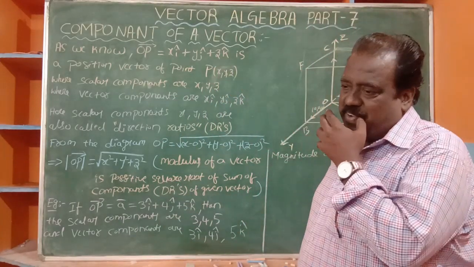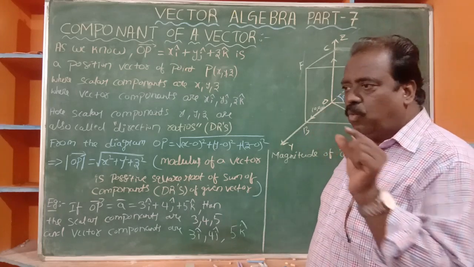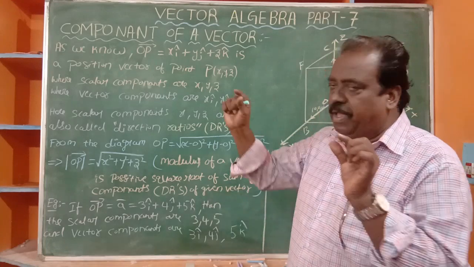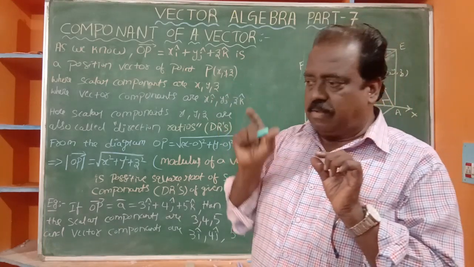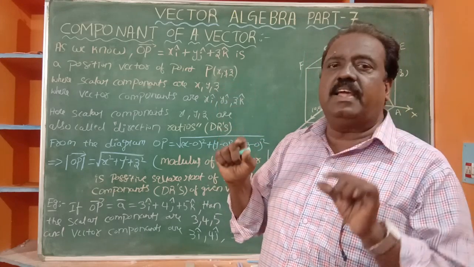The component of a vector means, for any vector, graphically we can show from A to B, a direction is there, some length, 10 units or 15 units, is there. We can understand it graphically, geometrically.